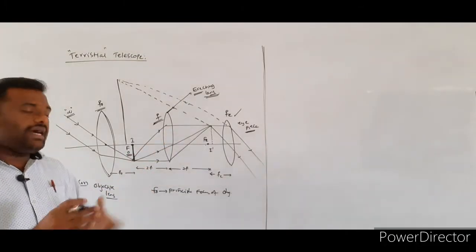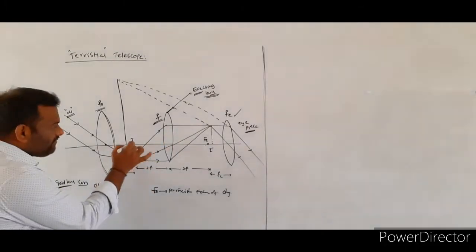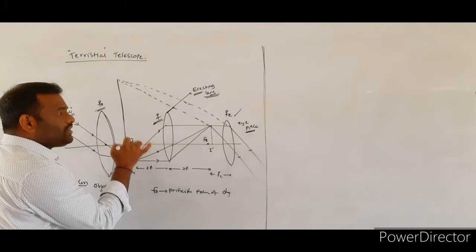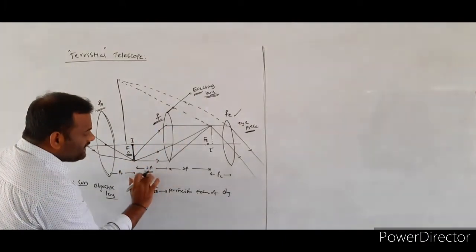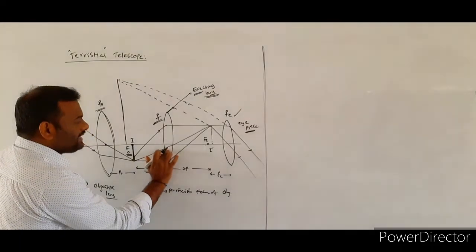We made the arrangement so that the position of the virtual object of the erecting lens is at a distance of 2f from the erecting lens.